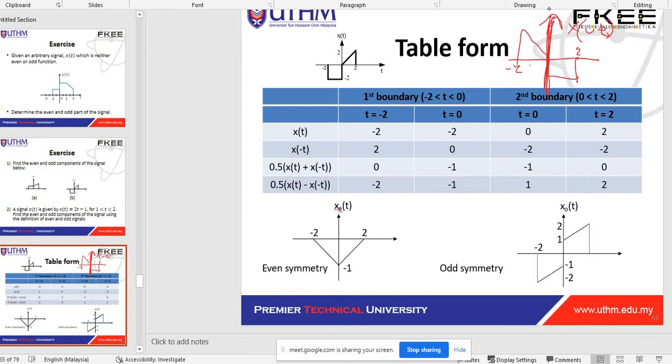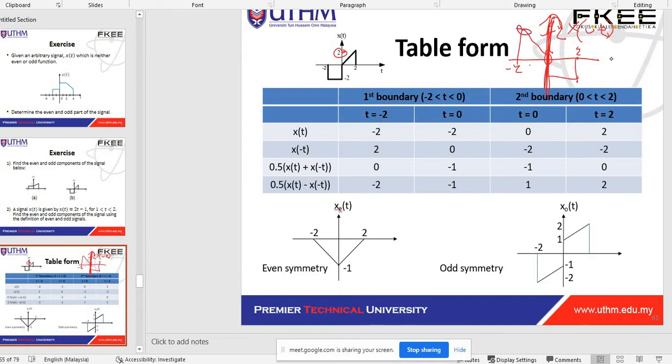Okay, from here, you can transform this figure into a table. From negative 2 to 0, this one, negative 2, you have the value of what? What's this value? This is 2 lah, because it's referred to the same value, 2. And then when t equals 0, you have the value of 0.